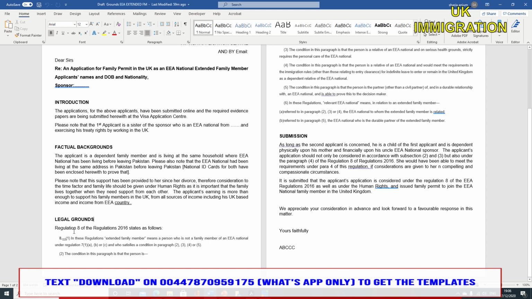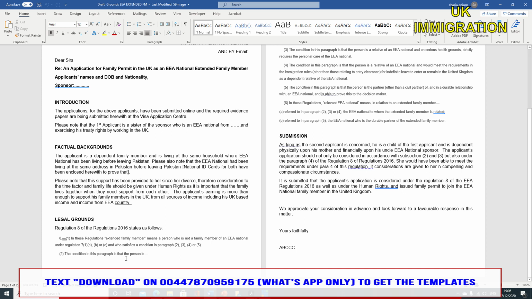So when you say legal grounds, Regulation 8 of the Regulations 2016 is going to be your legal ground. Cut and paste from Google, and then you explain your circumstances, how your case can fit into that category.